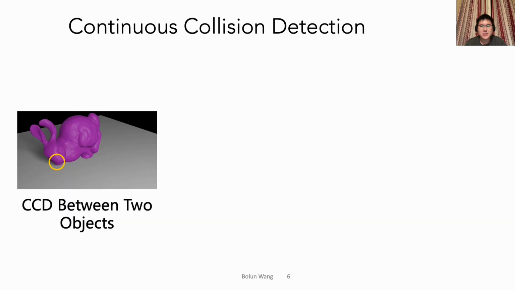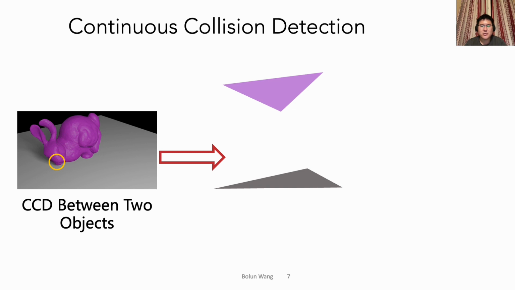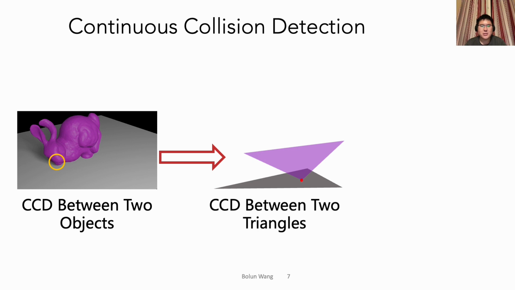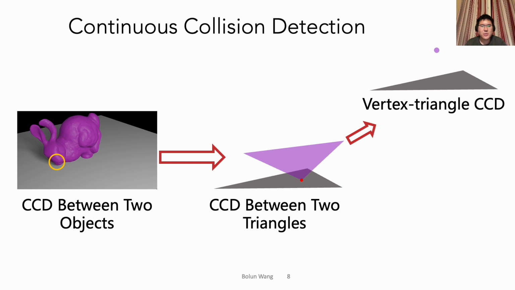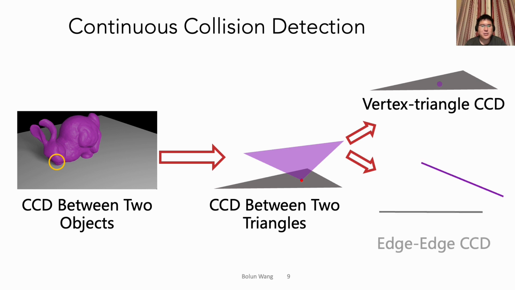After the linearization steps, the CCD between two objects can be converted to iteratively detecting collisions between two of the triangles. It can be obtained by checking if a vertex hit a triangle, or checking if two edges hit each other.